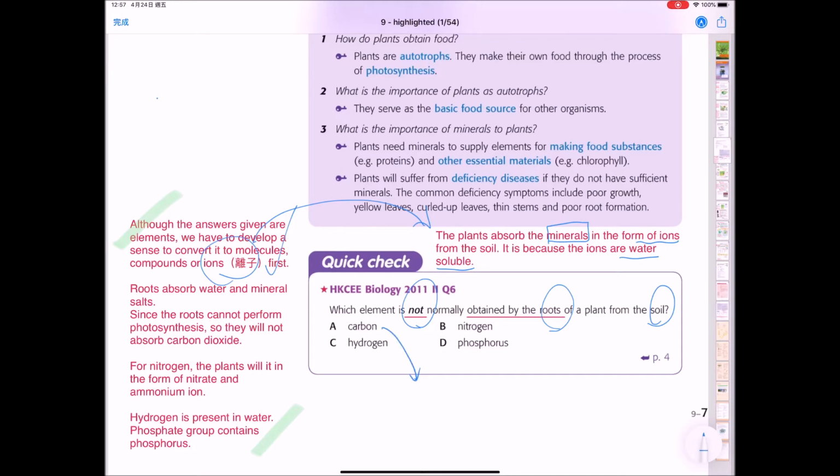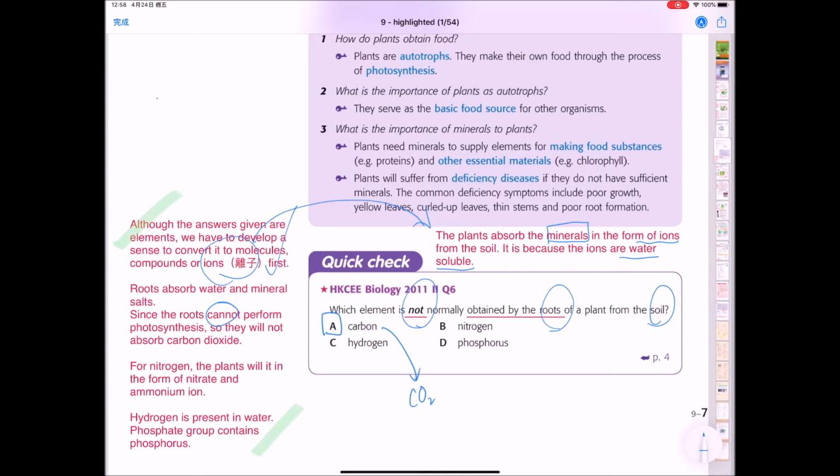Does the root absorb carbon dioxide for their use? The reason should be that carbon dioxide is used for photosynthesis. However, the root just cannot perform photosynthesis, so that's why they don't need to absorb carbon dioxide for photosynthesis. For this question, option A is already the answer.